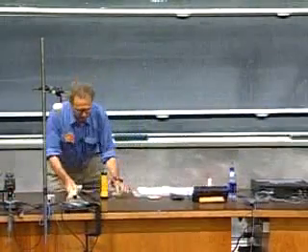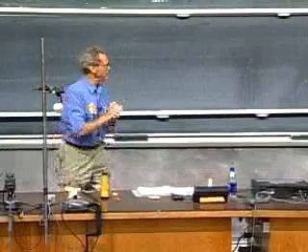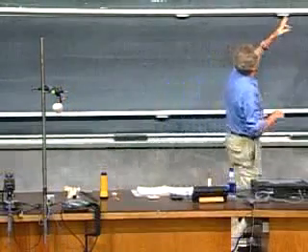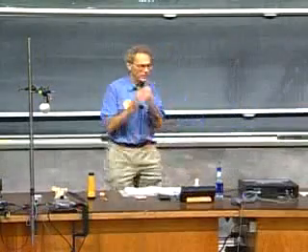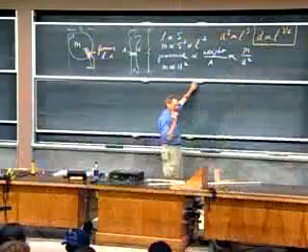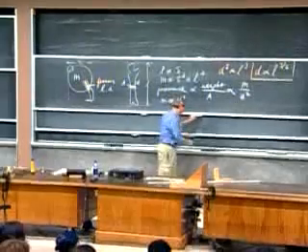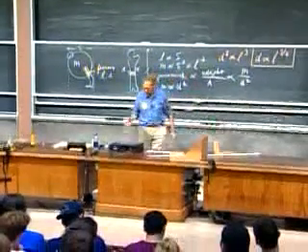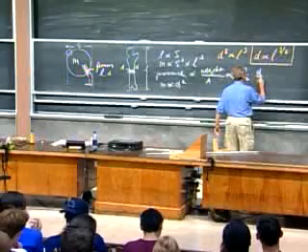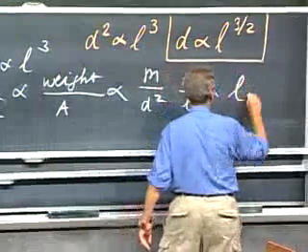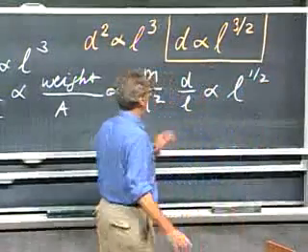Then I measured the thickness, and I said to myself, aha, if the length is 4 times higher, then the thickness has to be 8 times higher if this holds. And what I'm going to plot for you, you will see that shortly, is d divided by L versus L. And that, of course, must be proportional to L to the power 1/2.